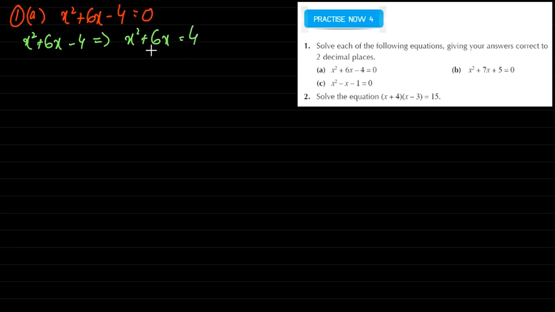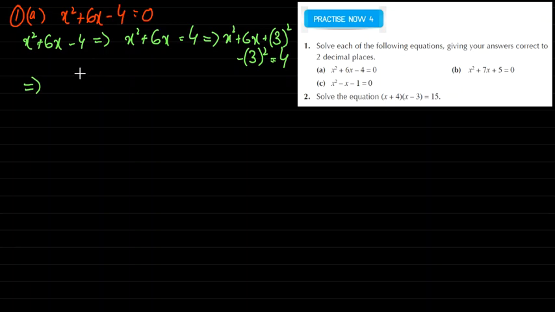And then using the same method of dividing the coefficient of x by 2, then taking the square and subtracting the square to make the a plus b whole square formula. So it becomes x square plus 6x, 6 divided by 2 is 3, plus 3 square minus 3 square is equal to 4.